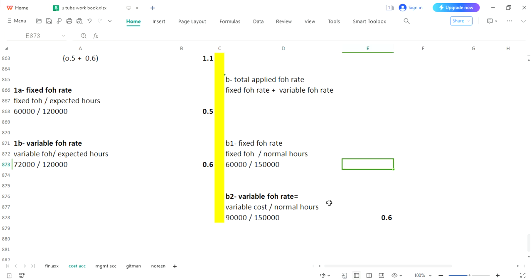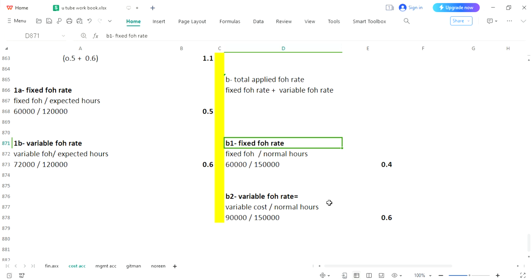Statement completed. Now put it on your calculator, 60,000 divided by 150,000. So we have got our answer, the fixed FOH rate, that is completed.